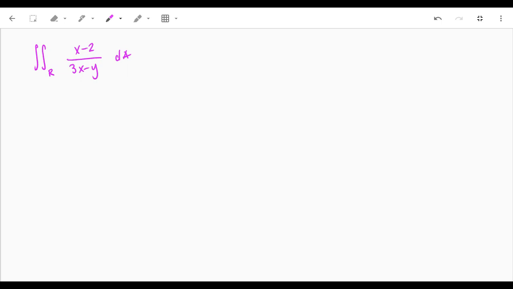Okay, so they just tell you that R is the parallelogram enclosed by x minus 2y equals 0, x minus 2y equals 4, 3x minus y equals 1, and 3x minus y equals 8.